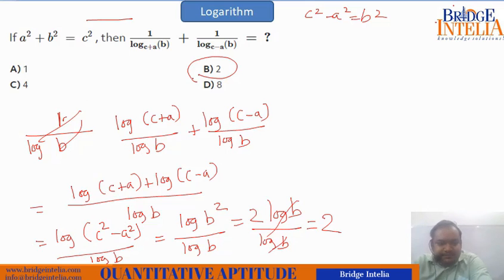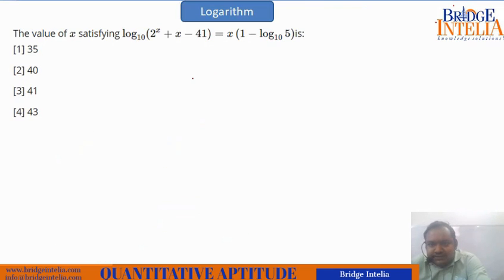So now let's move to next one. So the value of x satisfying this equation is, okay, this is a good one. So let's see. Here log is involved, but this side no log is involved. So what to do? Let's see what can be done.